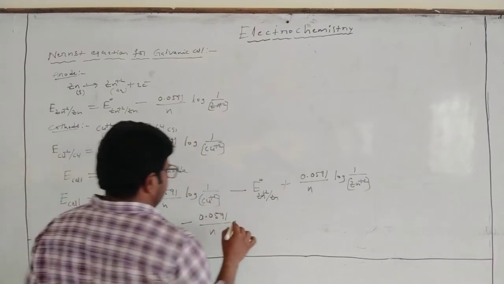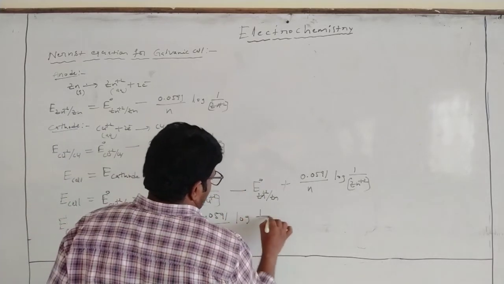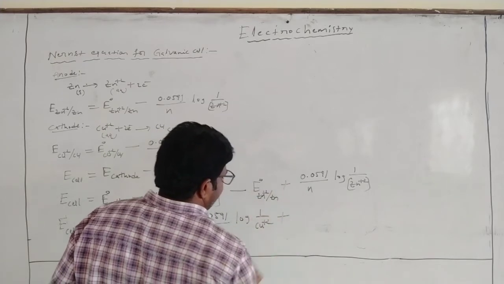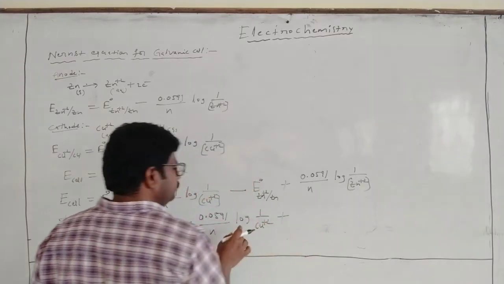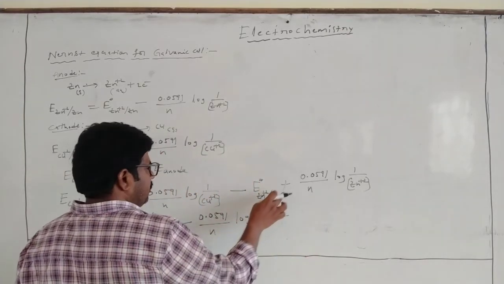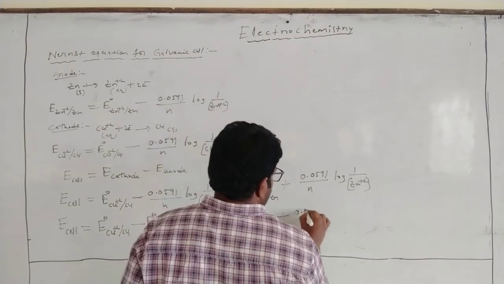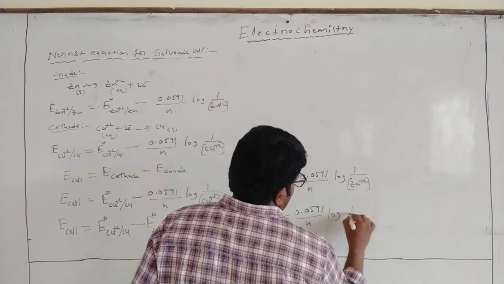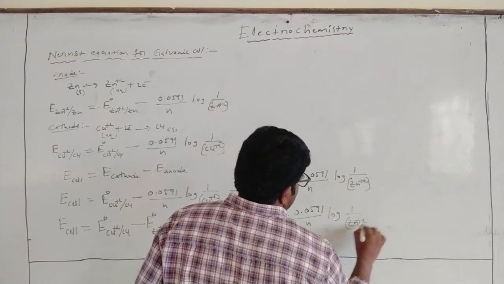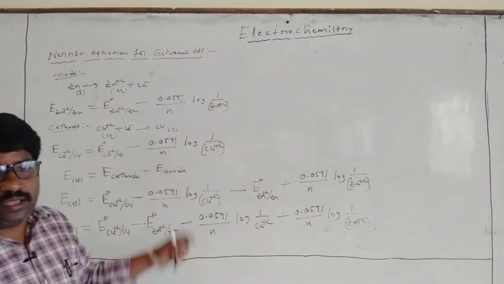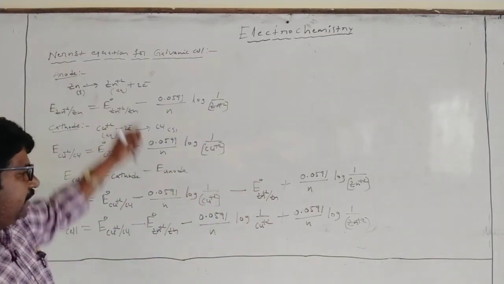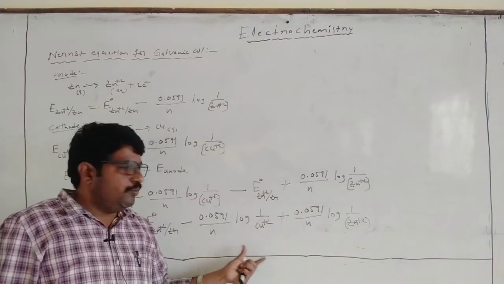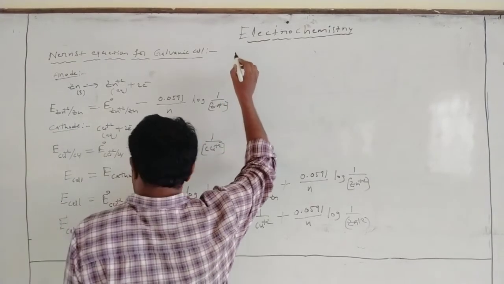Now the log terms you have to write here: log 1 by Cu plus 2, plus the remaining term, plus 0.0591 by n log 1 by Zn plus 2 ion concentration. Now if you take 0.0591 by n common from both, we can recognize what.